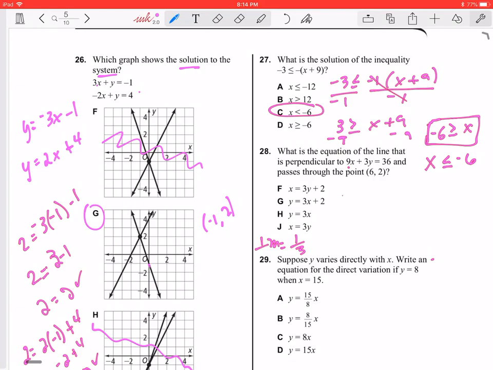Okay. So then we have y minus 6 is equal to 1/3 x minus 2.